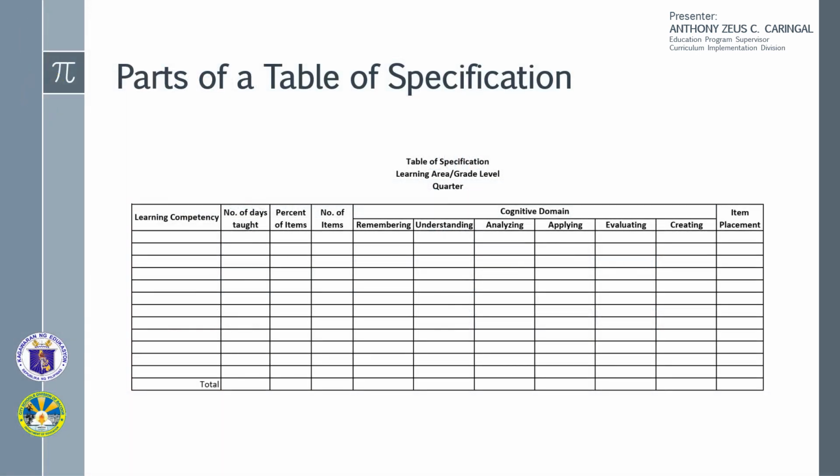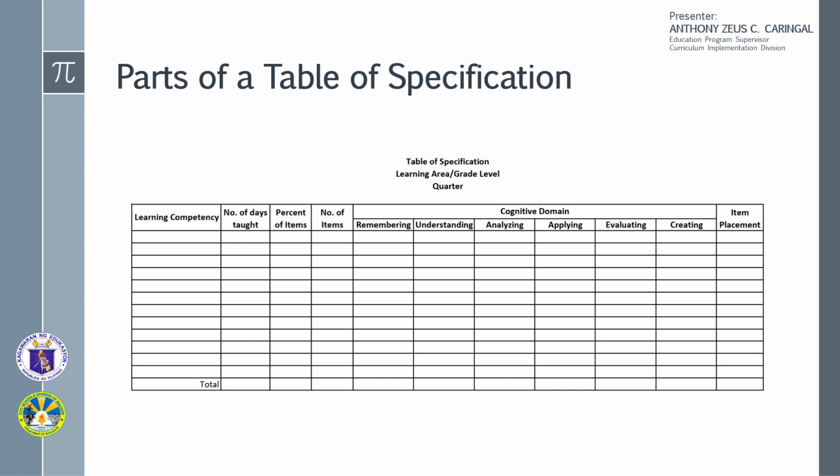So here is the format for the table of specification. We have the learning competency, number of days taught, percent of items, number of items, and then we have here the cognitive domain. Remembering, understanding, applying, and analyzing, that's easy.